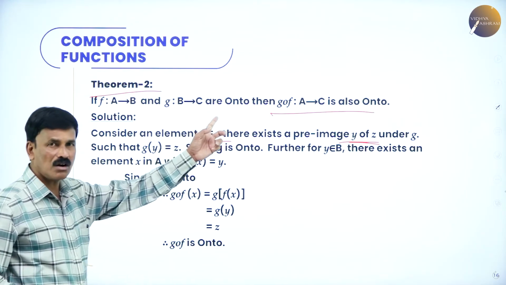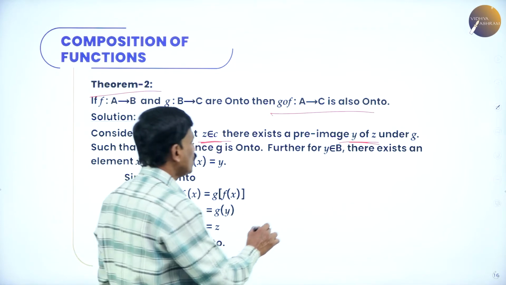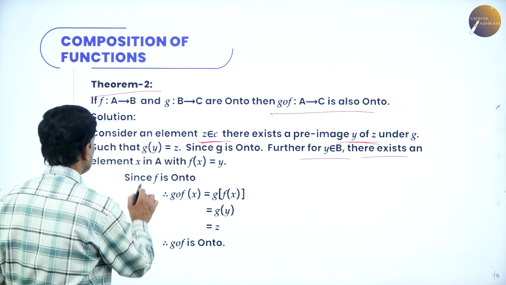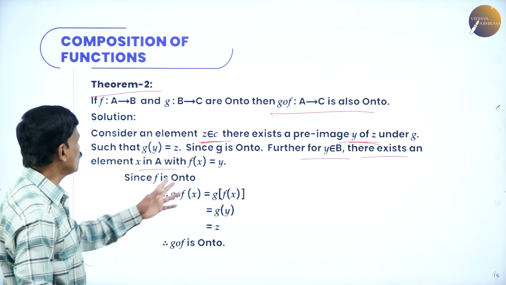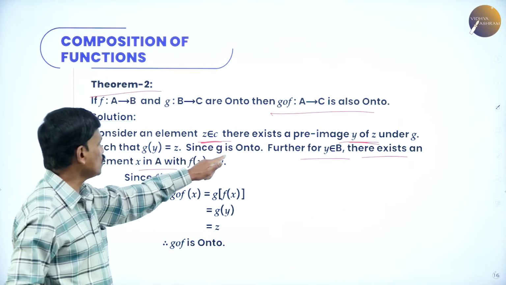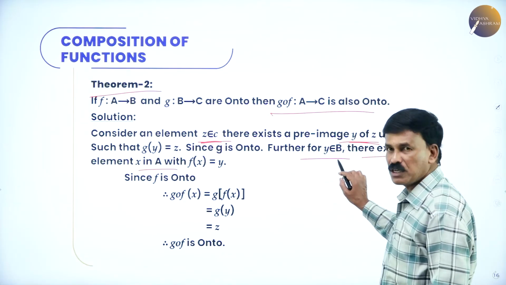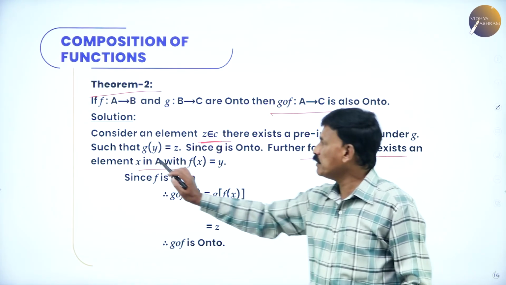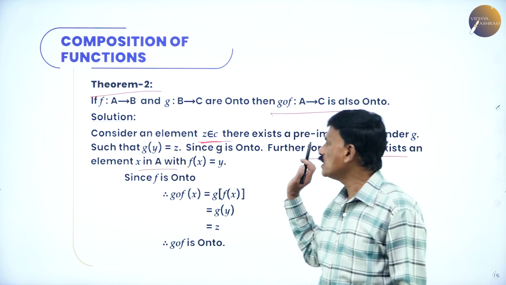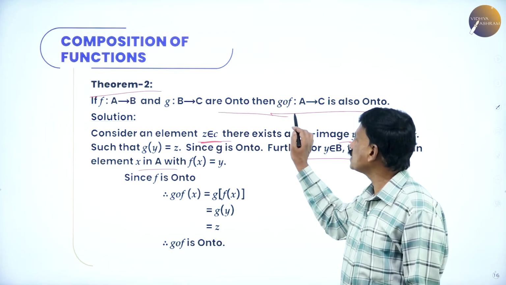Since g is an onto function, for y belongs to B, there exists an element x in A such that f of x is equal to y, since f is an onto function.